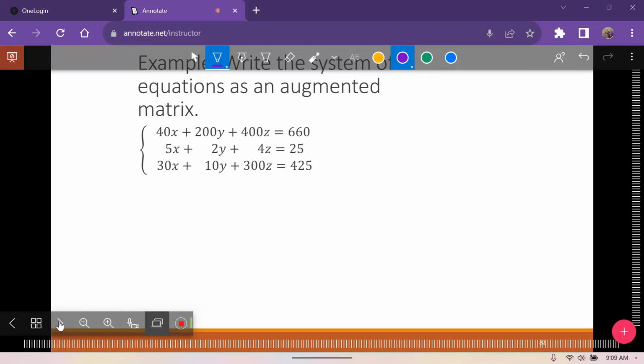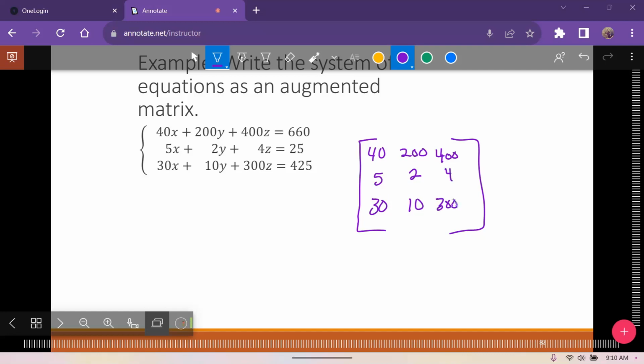So if we wanted to write this system of equations as an augmented matrix, we would simply make sure that when we write the matrix, we align the variable coefficients in the same columns. For x, we have 45 and 30. For y, we have 200, 2, and 10. For z, we have 400, 4, and 300.